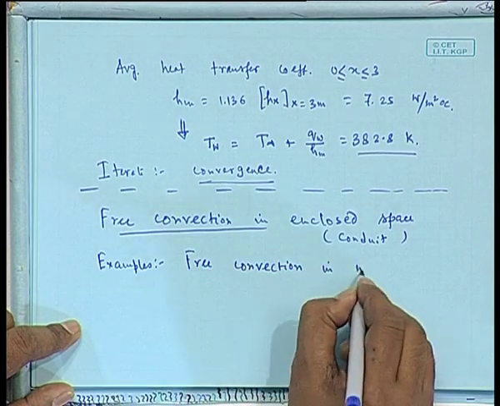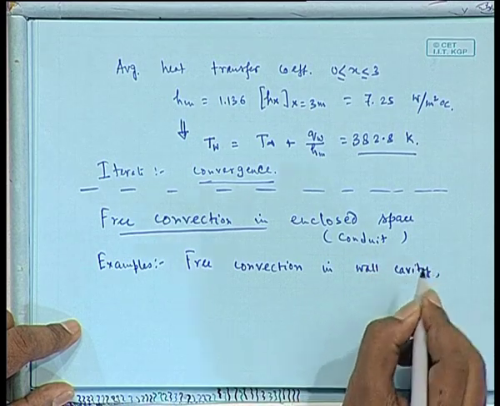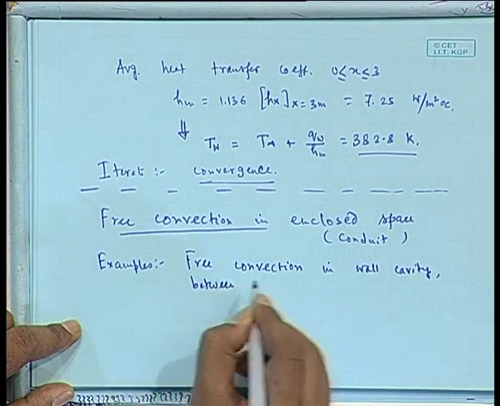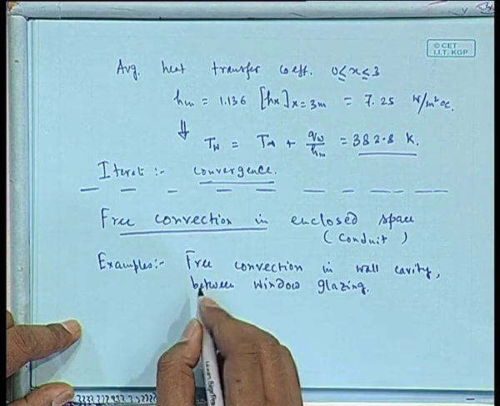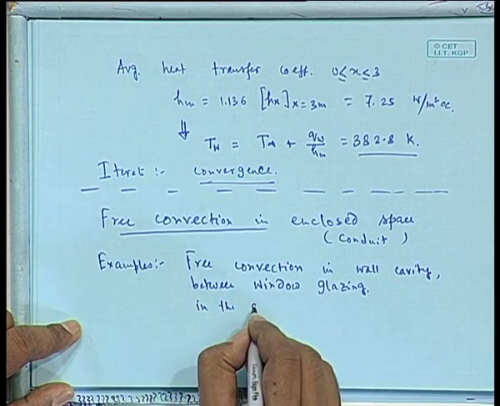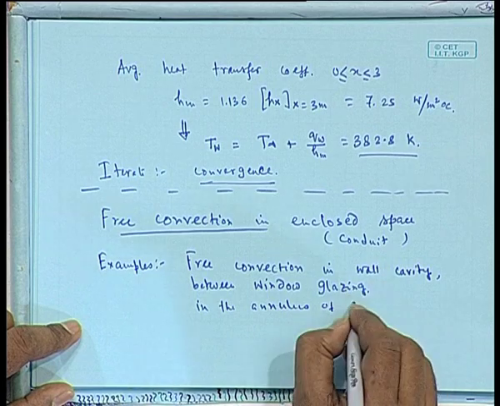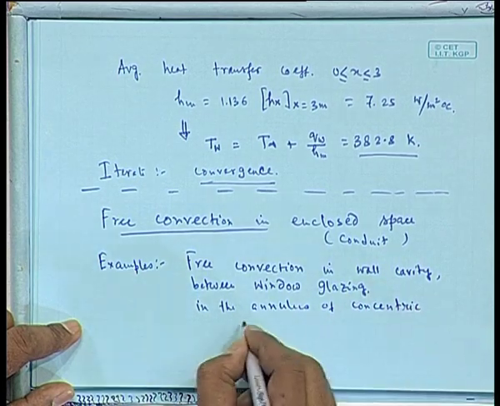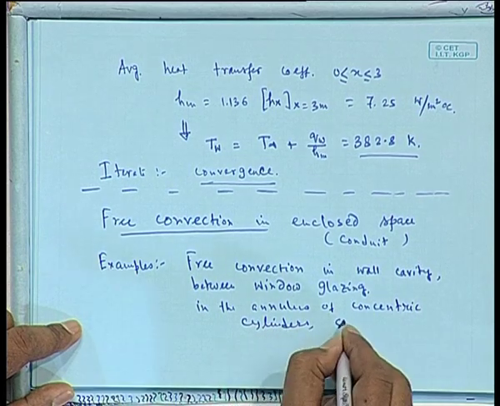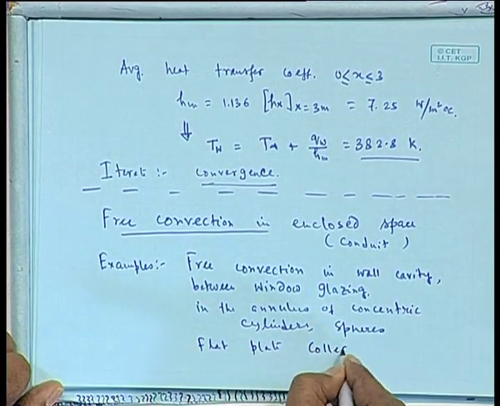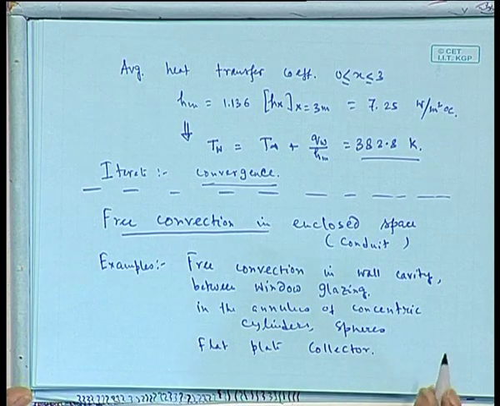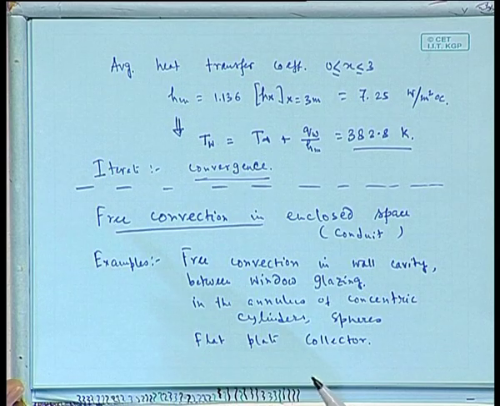Now the examples are free convection in wall cavity, between window glazing, in the annulus of concentric cylinders, spheres, flat plate collector, etc. Now, if you ever see the window of an AC coach, you will find there are two glass plates on the inner side and one on the outer side, and in between there is an enclosed space, right.